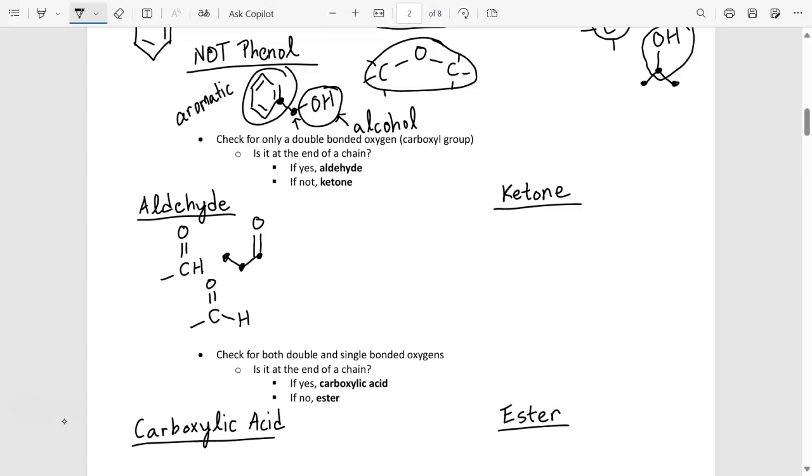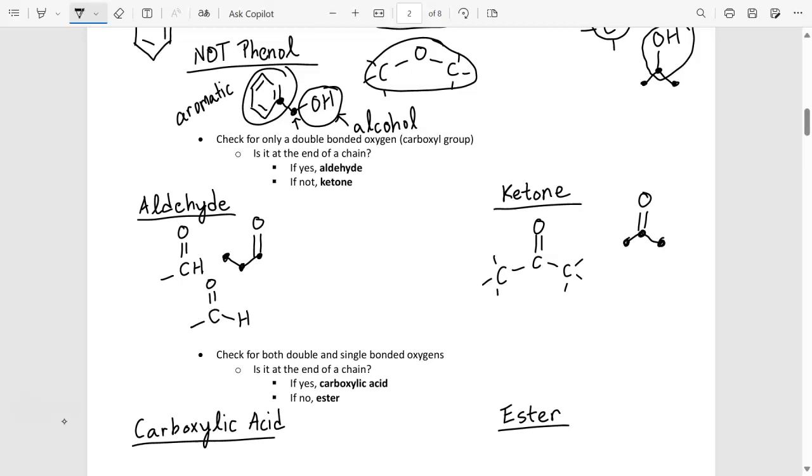Okay? And a ketone is going to be when that carbonyl group, when that double bonded oxygen, is attached to a carbon that has carbons on either side of it. Okay? And then anything else can come off. So that's an example of a ketone. We've got a skeletal version of that.